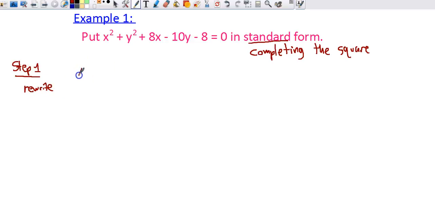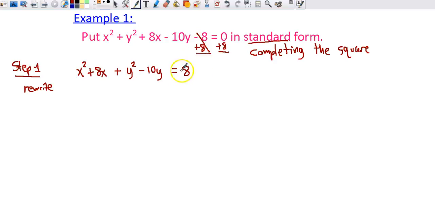So we're going to say x squared plus 8x, y squared minus 10y. And because that's a minus 8 here, if I move it to the right side of the equation, it'll become a positive 8. So it's going to be equals 8. So step 1 is to rewrite, get the x's together, get the y's together, move the constant over if it's on the left side.